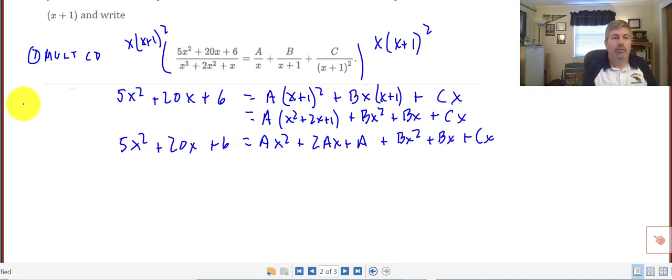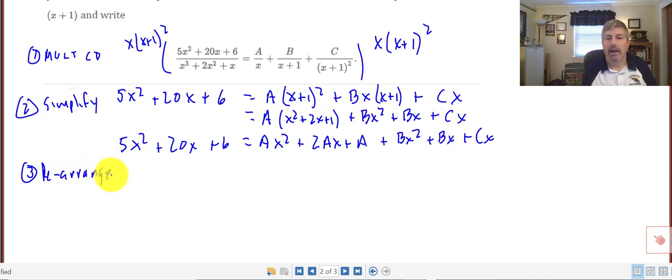Okay? So my second step here, I've simplified. And now my third step, I'm going to rearrange. I'm going to group my x squareds and my x's, and then my constants, or anything that's left over. So my x squareds, it looks like I just have ax squared and bx squared.